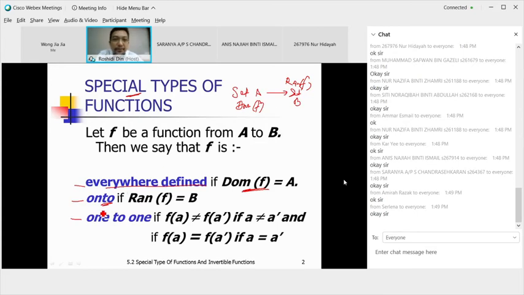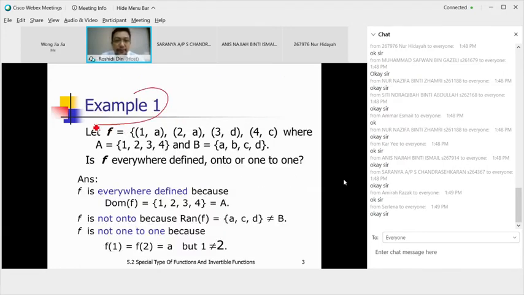And the third special type is one-to-one. One-to-one means once we have this element mapped to this element, the mapping is only one-to-one, not many to one. Now we look at this example.